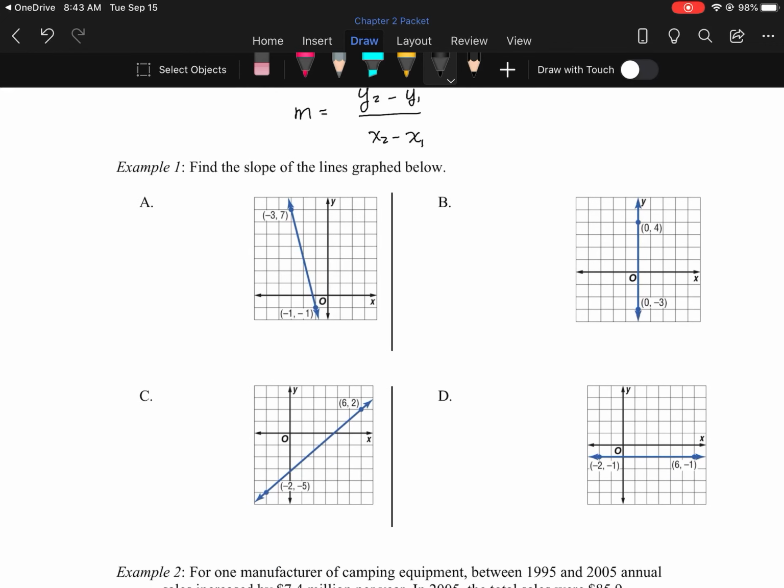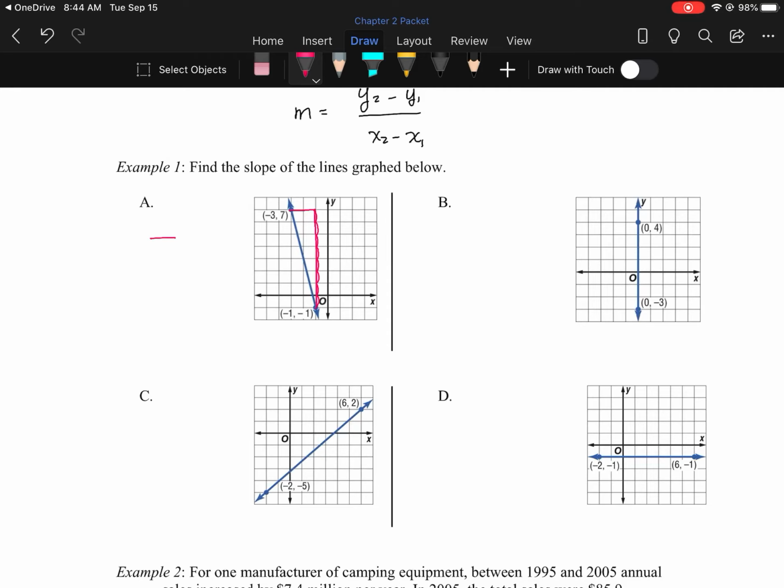So for our first couple examples, we're going to go through and just find the slope. If you remember from previous years, if they give us the graph, we can form a right triangle to find our rise to our run. In this case, I have to count my rise. 1, 2, 3, 4, 5, 6, 7, 8.